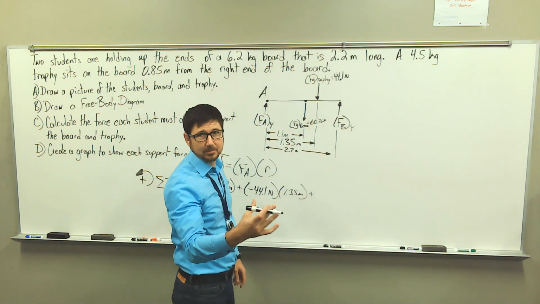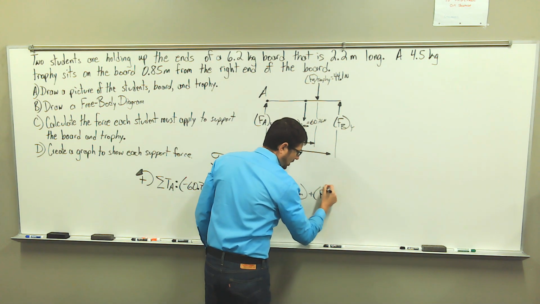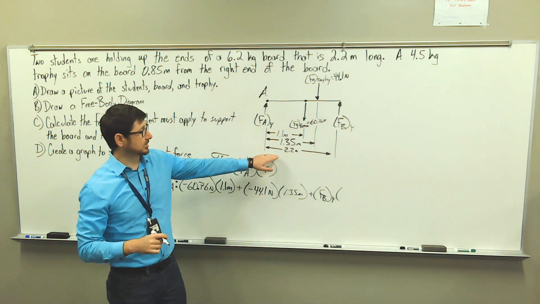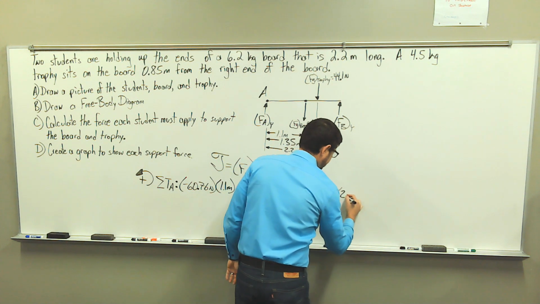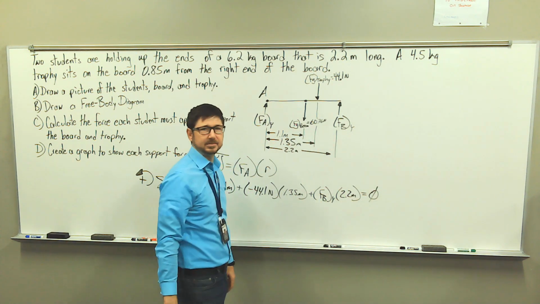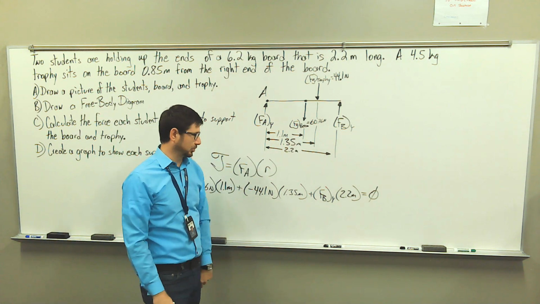So now we have a positive value for force. So F sub B sub Y times our lever arm. Well, in this case, our lever arm is the full length of the beam, 2.2 meters. And we're going to set all of this equal to 0 because we're in a state of equilibrium here.